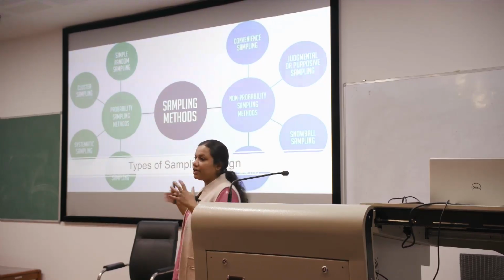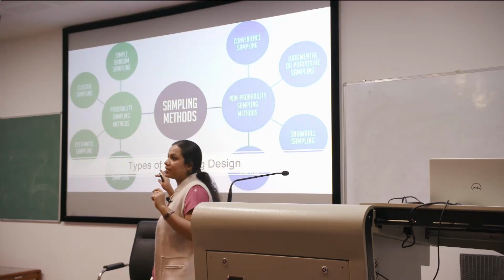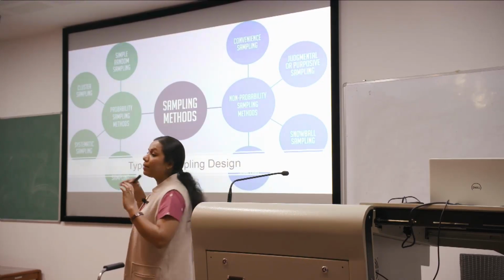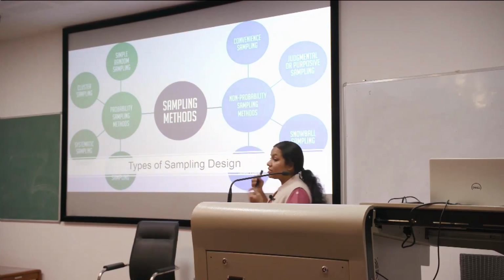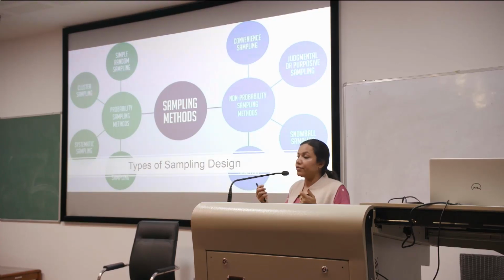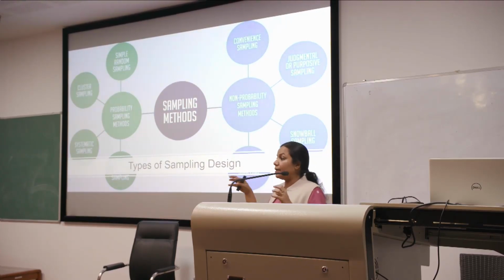I'll touch upon every sampling design one by one. Non-probability depends upon the researcher, like the researcher's convenience, okay. Then the researcher will tell which people can be taken for your sampling.